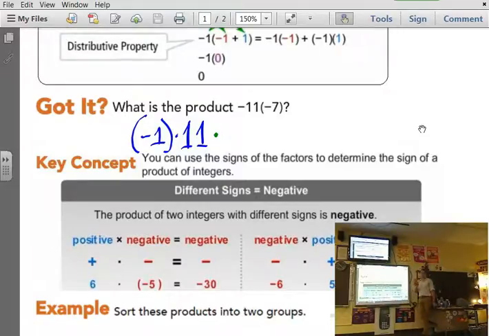And I think we know this, but it's worth clarifying. What is going on when I have a number right up against a parentheses? There's no operation symbol in there. Yeah, it's multiplication. How do we know that? It goes back to that whole idea of "of."